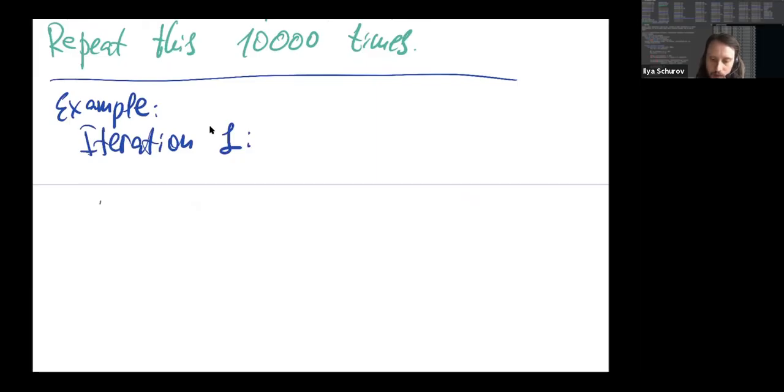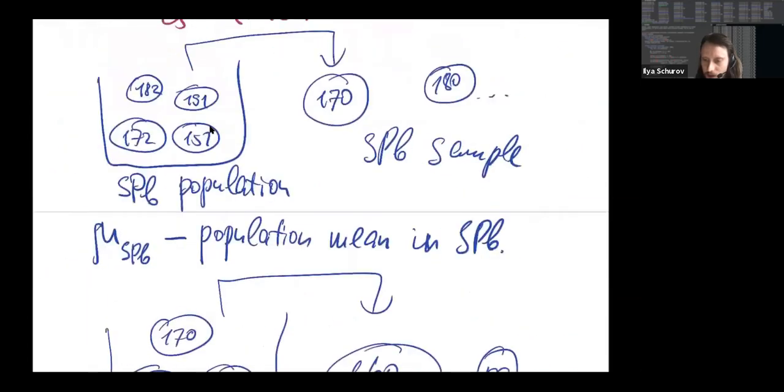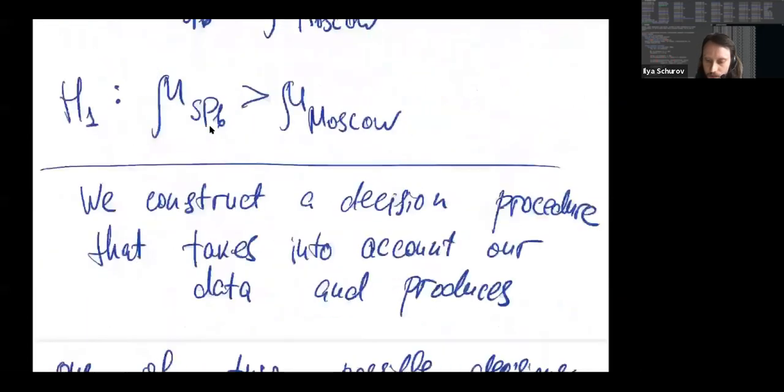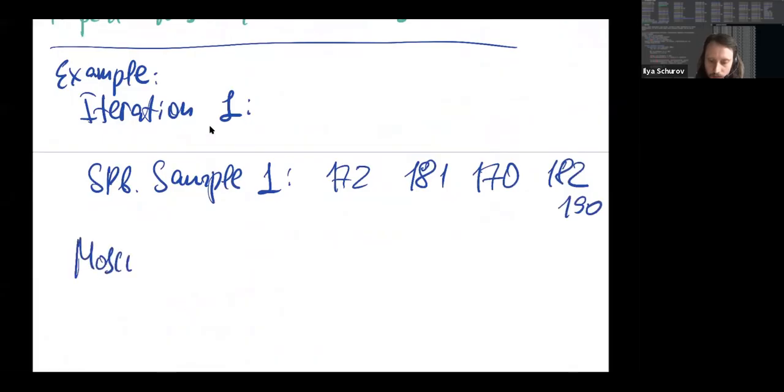I begin with the St. Petersburg sample. Sample 1. And we have, well, we have 5 numbers. And we have the Moscow sample.